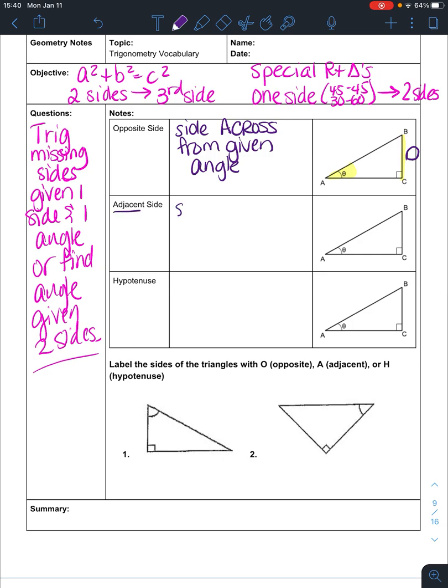Adjacent means beside. So it is the side beside the given angle. But here's one caveat, it's not the hypotenuse.